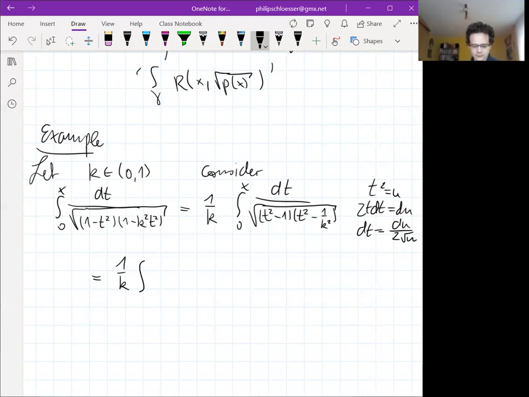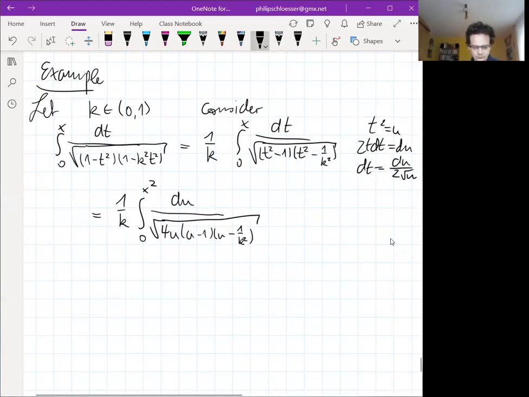Meaning that now we have 1 over k times the integral from 0 to x squared of du over, and now we have a 4 because we have this 2 there, the square root of 4u times u minus 1 times u minus 1 over k squared. Well, we can redefine this as the integral along some curve gamma of du over v.